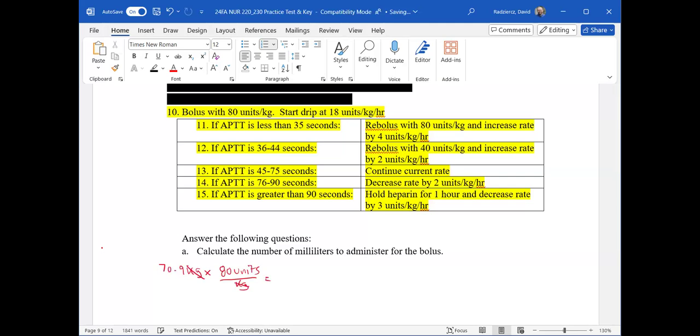When I do that, I'm going to get 70.9 times 80, and I'm going to get 5,672. That's units.